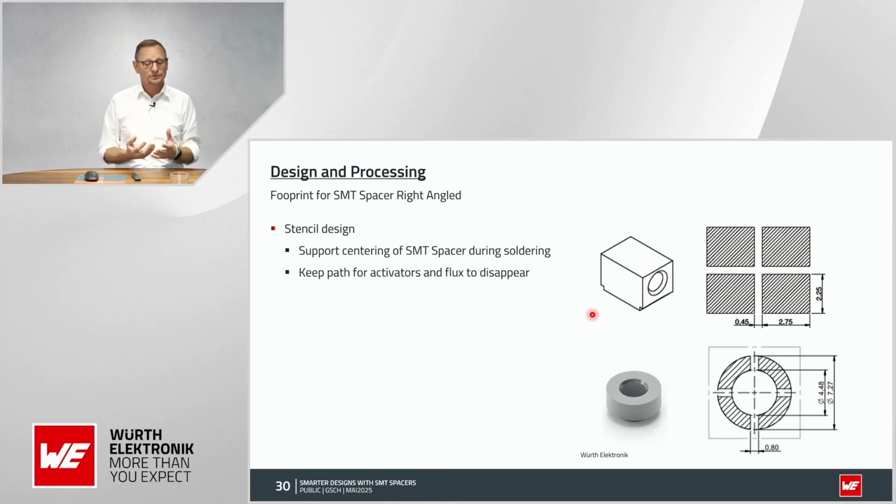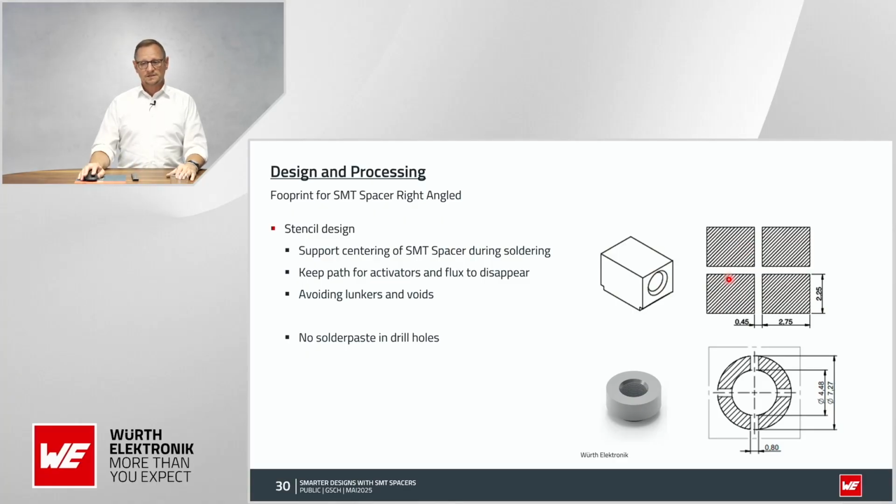This is about 50%. Inside the solder paste is flux and activators, and they disappear during the reflow process, and they need a path and a way how they can go out, yeah, to avoid having voids inside these surfaces, which would again reduce the retention force. Yeah?